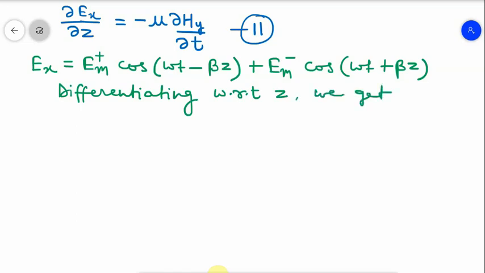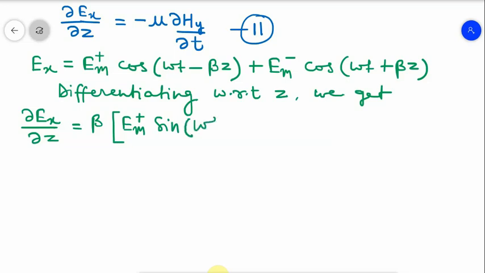So we get del Ex upon del z equals to, this beta will be taken as common, Em plus sine omega t minus beta z and minus this Em minus cos of omega t plus beta z.